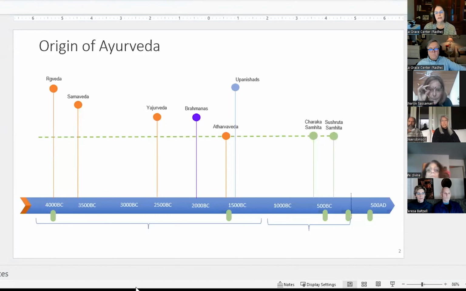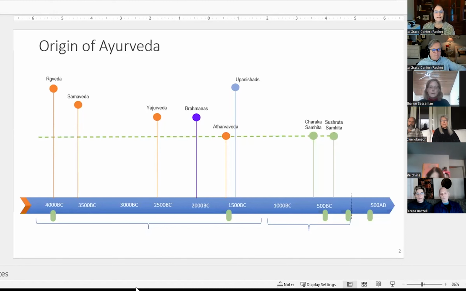You'll see that these two green ones at the end, Charaka Samhita and Shushuta Samhita, are somewhere around 400 to 600 BC. These are what we refer to as the classical Ayurvedic texts or scriptures. Many people view Ayurveda as being introduced to the world around this time period.